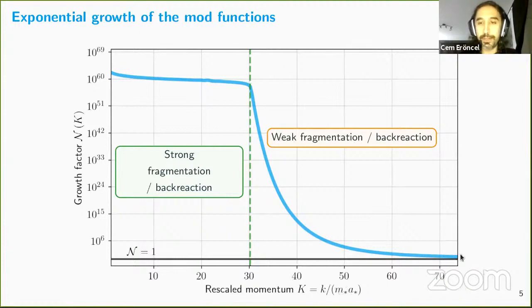So you see that the higher modes are amplified during the period of weak fragmentation. In this case, the back reaction of the fluctuations on the zero mode is small, but we have an exponential growth. And at some point, the fluctuations become so strong that they start to back react on the homogeneous mode. And so then the amplification sort of saturates due to the strong back reaction.